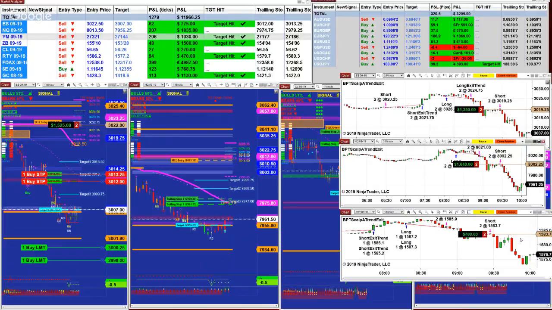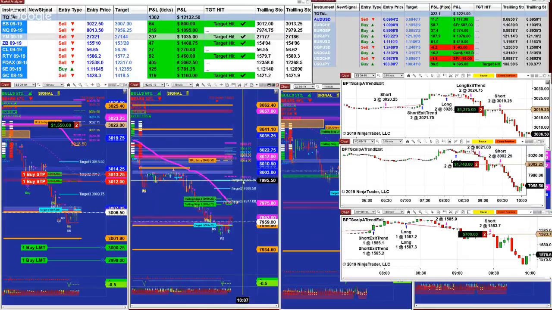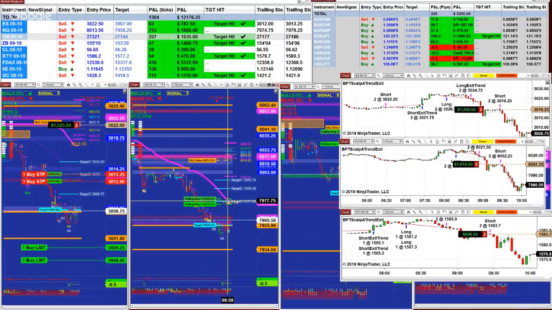So they are about to close those two. They are done, and we are about to get a new signal, and you need to get ready. Not right now. For the Nasdaq trader, your magic number on the Nasdaq is 7977 75. Anything below that number is still short, folks.